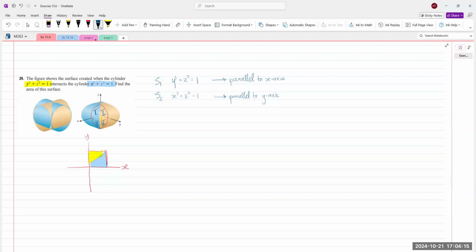In the first octant we have 2 parts, right? In other words, the area of the whole surface will be 16 times the area of D, if I call this my D.